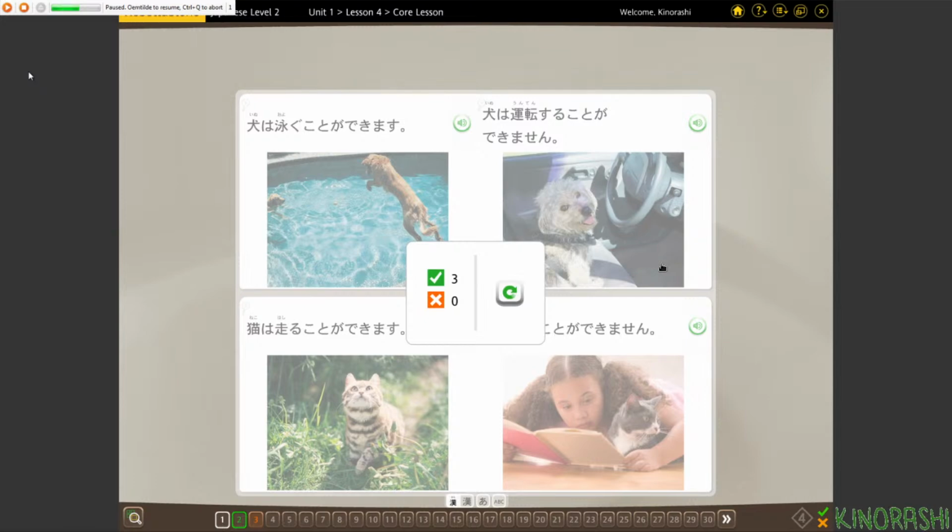wo hanasu koto ga dekimasu. But when a verb is closely associated with its direct object, you can attach dekimasu directly to the noun. In the case of Nihongo ga dekimasu.